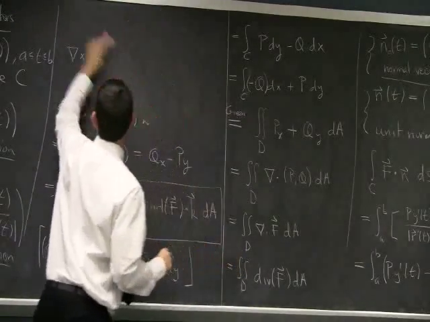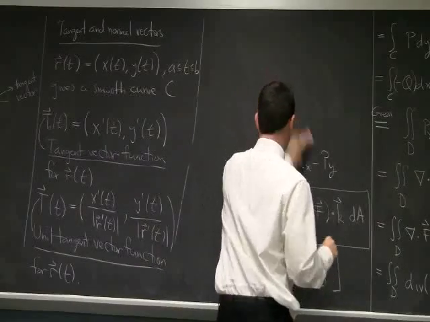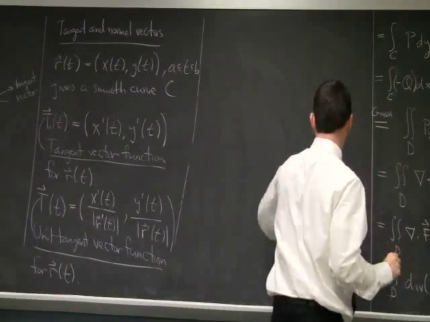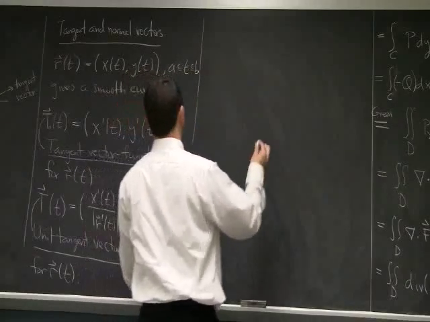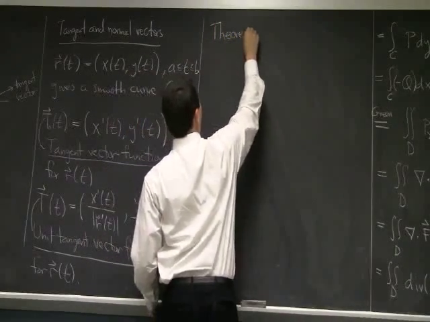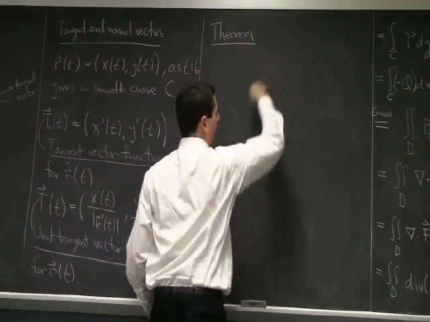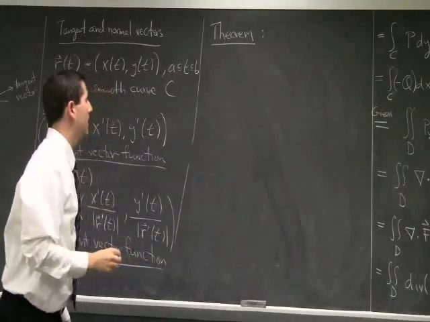So let's collect these two formulas. So our first formula, okay, I will omit all of our normal hypotheses, but they're the same as before.